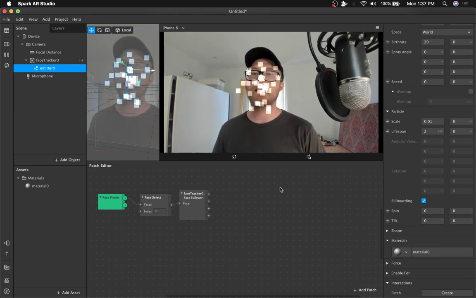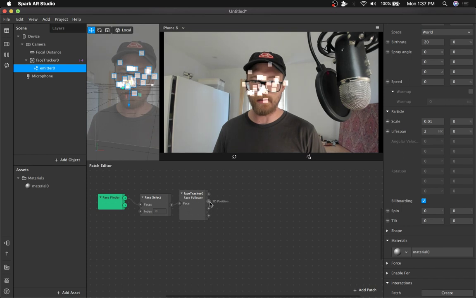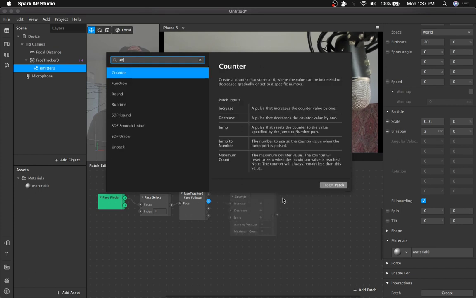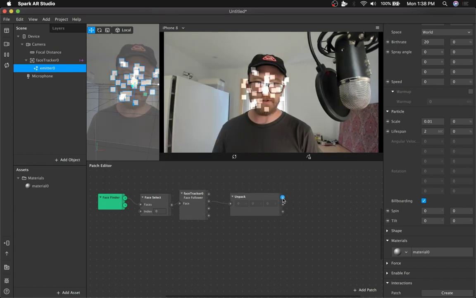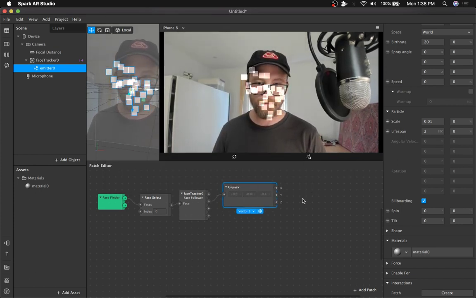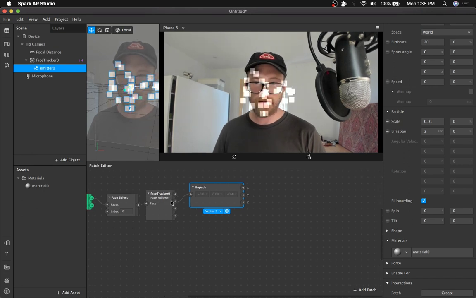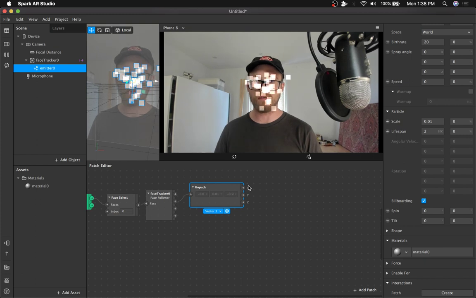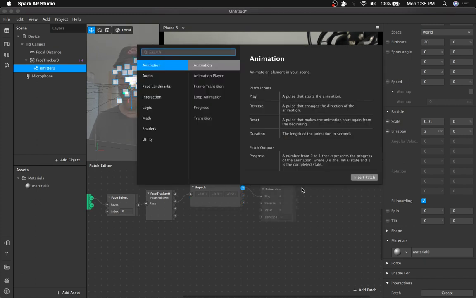So to get the actual motion vector, there's a little trick. First, I'm going to need to unpack the position of the face. So this is our current position. So we need a way to get the previous position, and we're going to do that with expo smoothing.